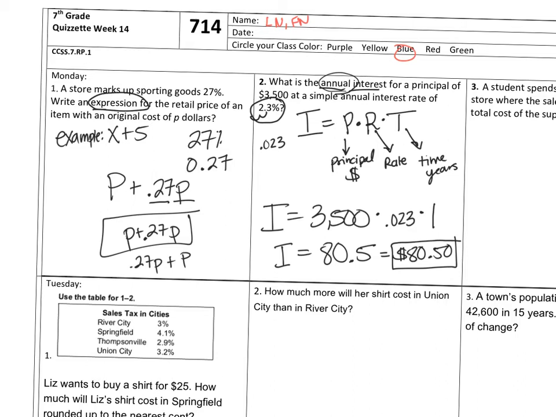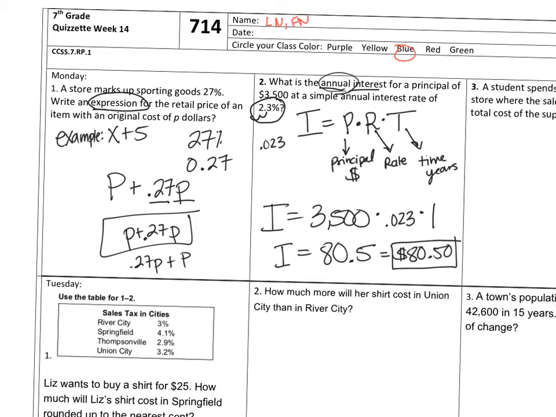So let's say you get a really, really cheap car that's used, and you save up for it, and it's $3,500, but you only have a certain amount. Let's say the car is $5,000. You have $1,500. You pay it as a down payment, but you have to ask the bank to let you borrow $3,500, and they tell you, okay, we'll let you borrow the $3,500 at a simple interest rate of 2.3% per year.